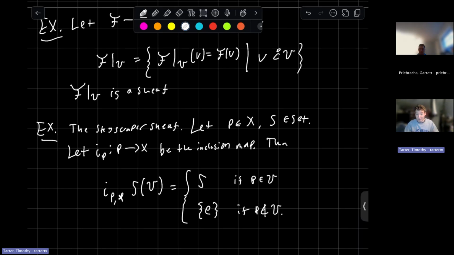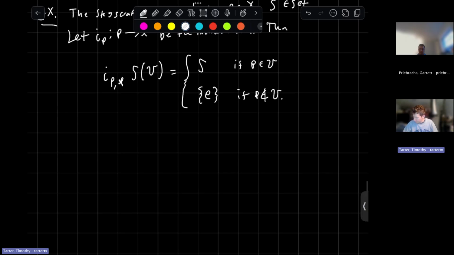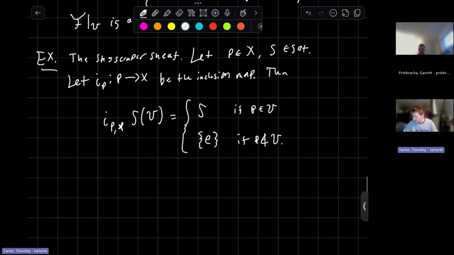On the one hand, it's a really well written book. On the other hand, I don't know. So, constant pre-sheaves and constant sheaves.